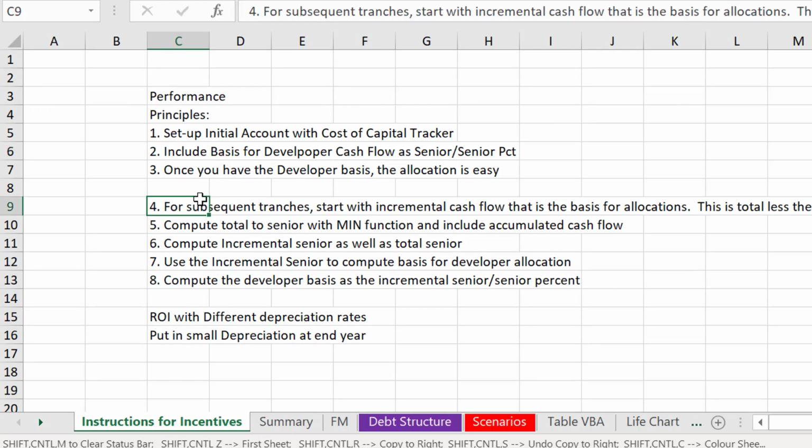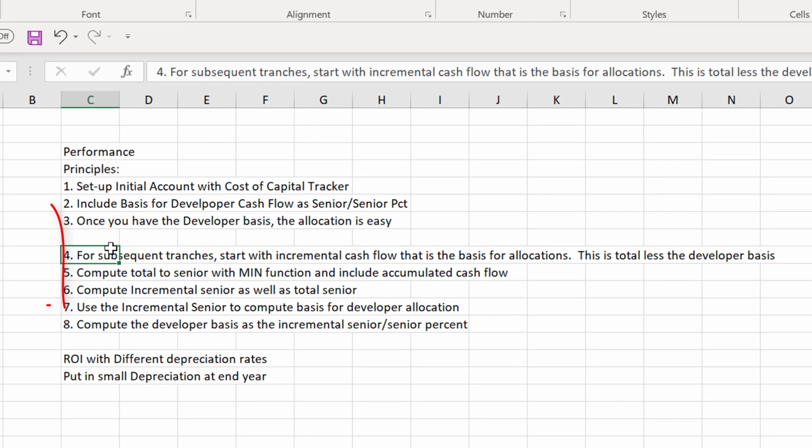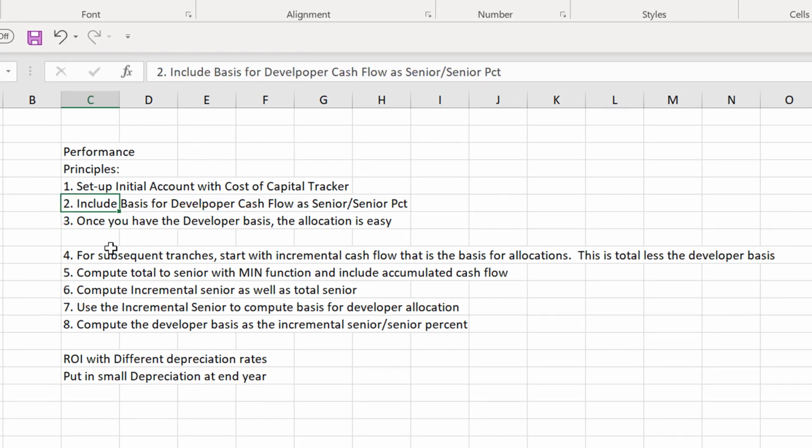So what you do for subsequent tranches, you start with the incremental cash flow. That's the basis. And this is the allocation. And this is the developer basis, this stuff up here from part 2.